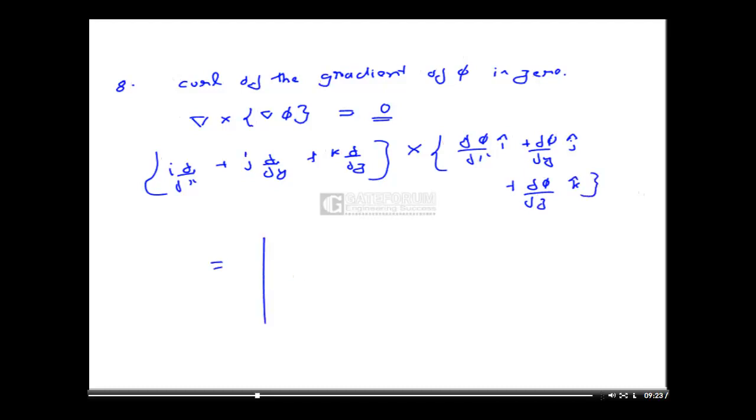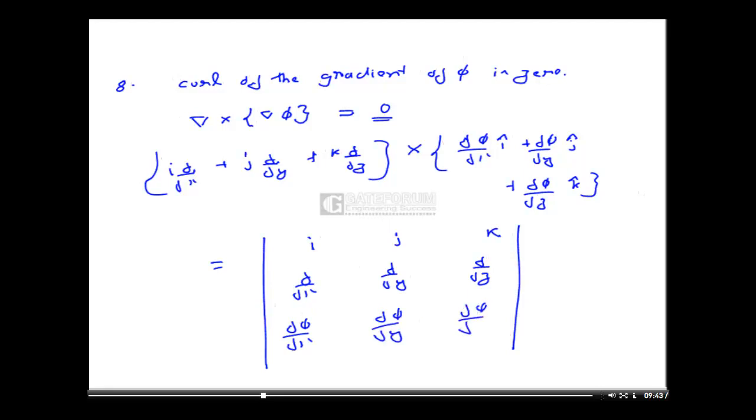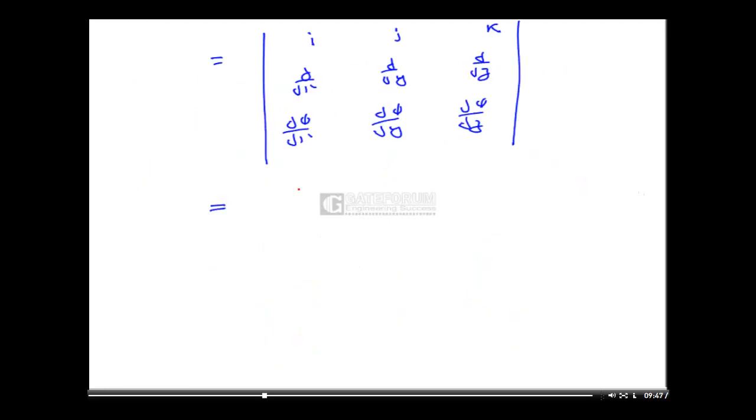Now write this as a matrix with rows i j k, del by del x, del by del y, del by del z, and del phi by del x, del phi by del y, del phi by del z. On solving this I will get 0. Okay, simple.